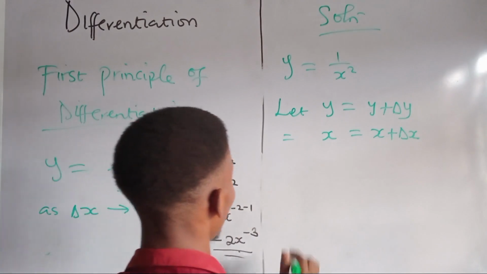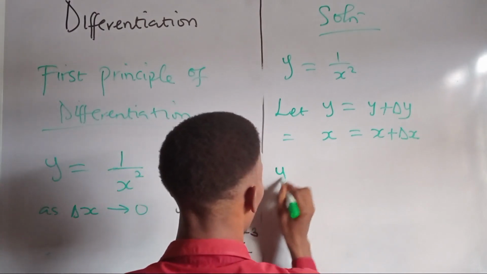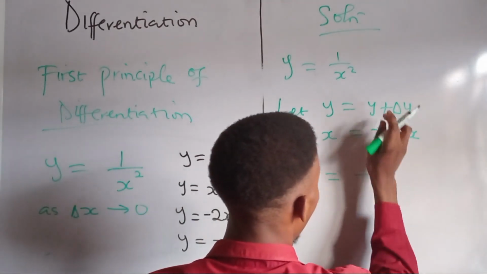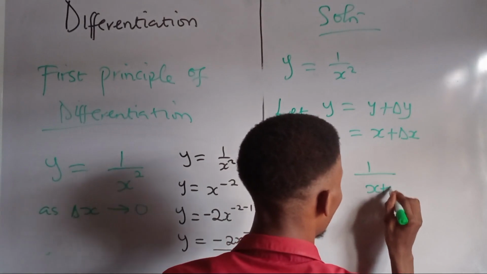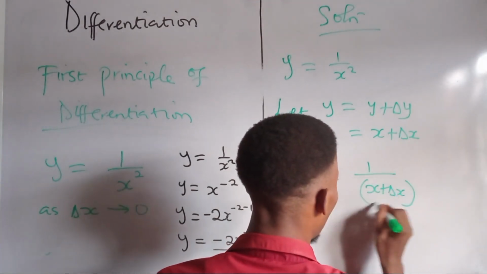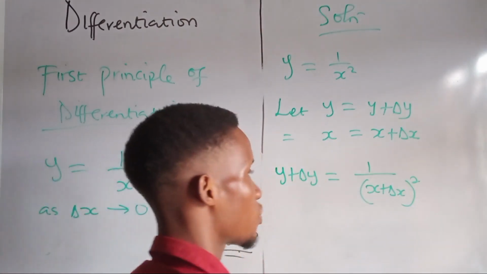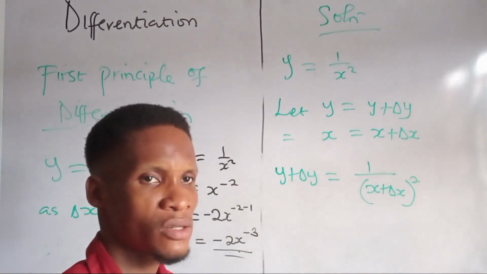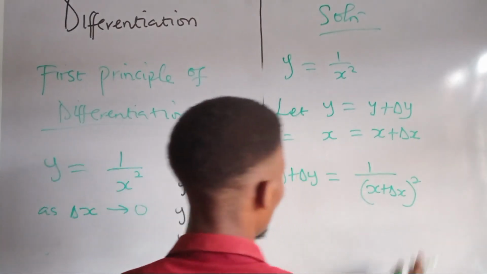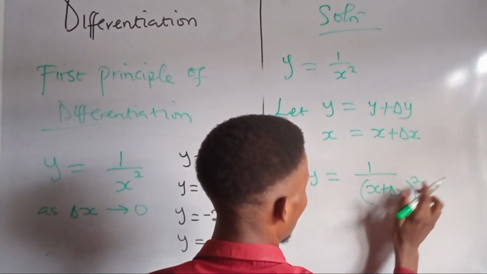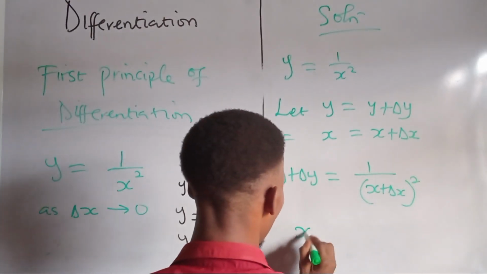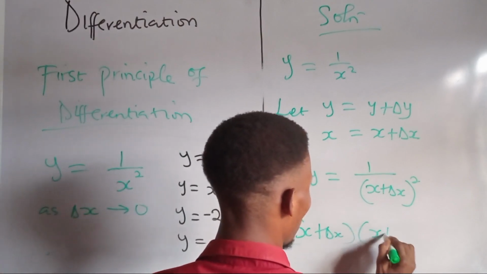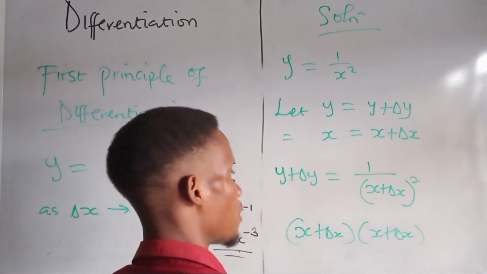So if we substitute, we have y plus change in y equals 1 all over s plus change in s, and remember here s is squared, so you have to square it too. So now expand this bracket. How do we expand the bracket? You don't just say s squared then change in s squared. No. You say s plus change in s, then s plus change in s. This is how you expand the bracket.